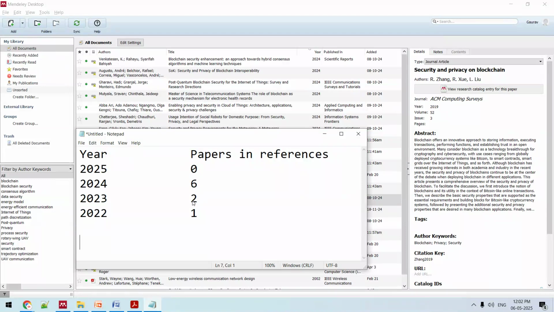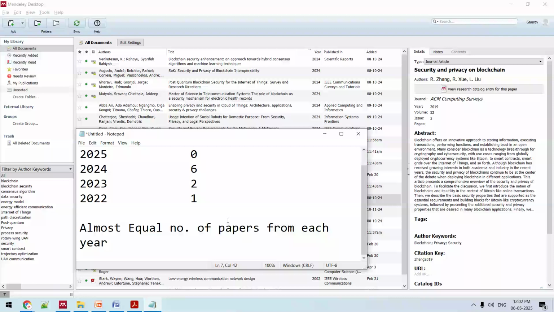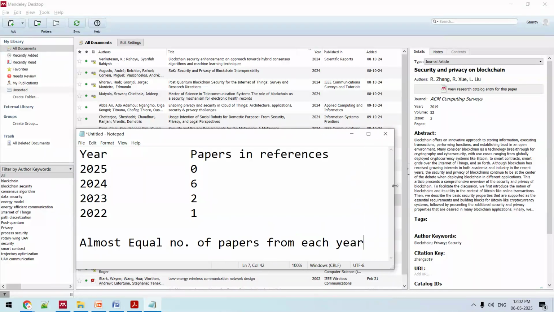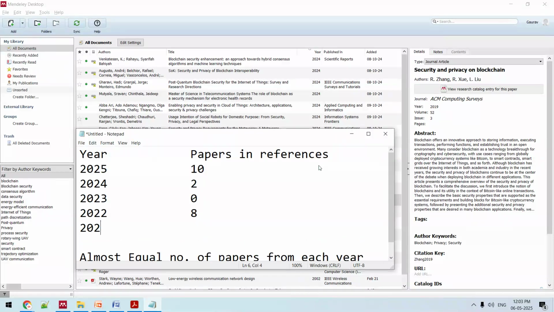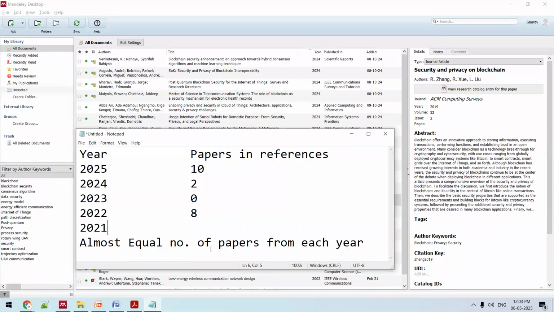Equal number of papers, or almost equal number of papers from each year should be available. This is very important. It should also not happen that there are 10 papers from 2025, 1 or 2 papers from 2024, then 8 papers, then zero papers, and from 2021 you have taken, for example, 15 papers.